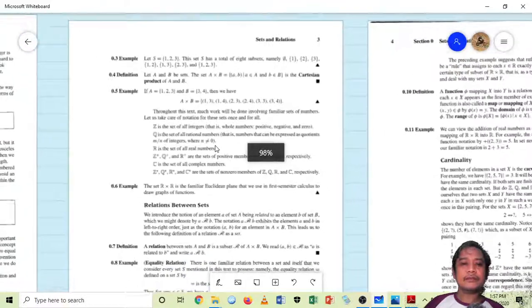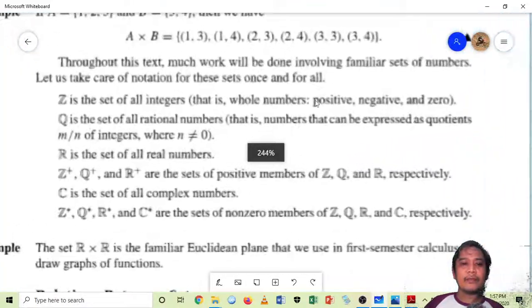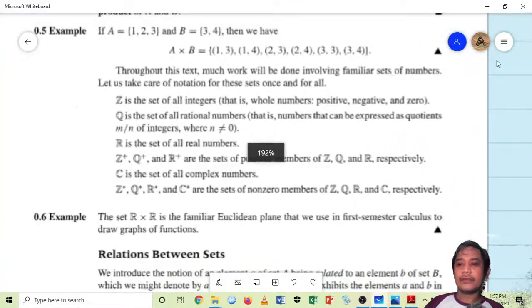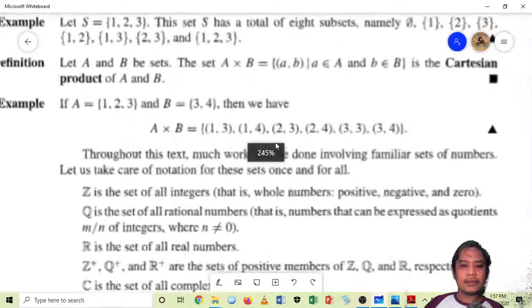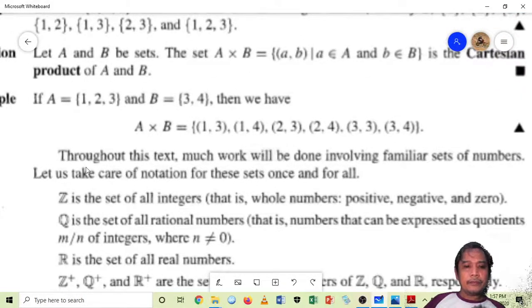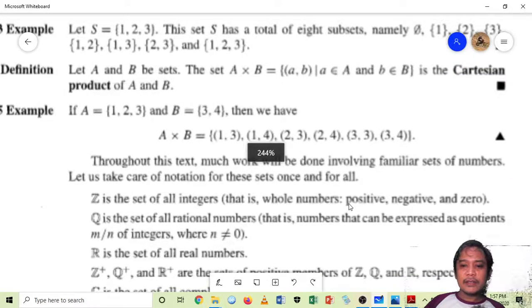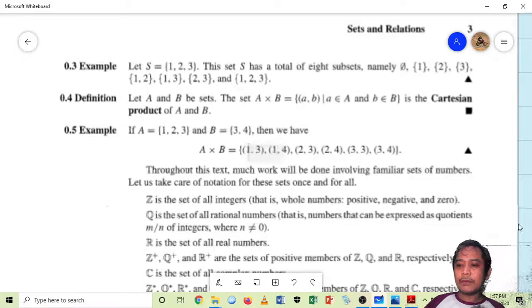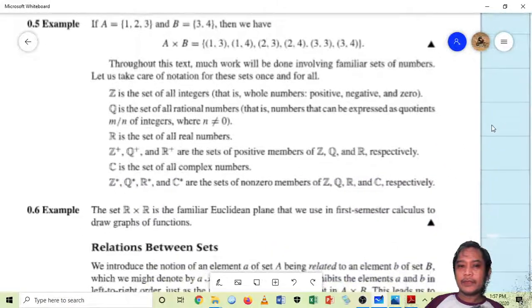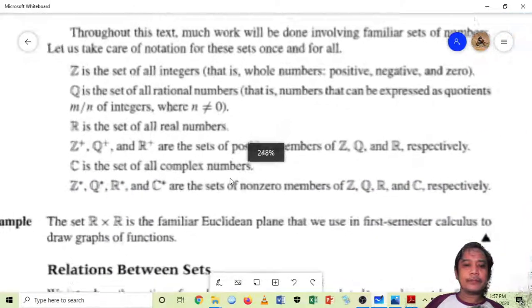Next. Here's another example. You can just go over this yourselves. And then we have here the notations used in this book, or the symbols.